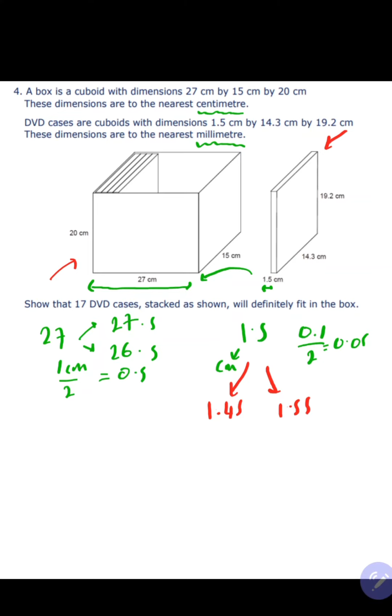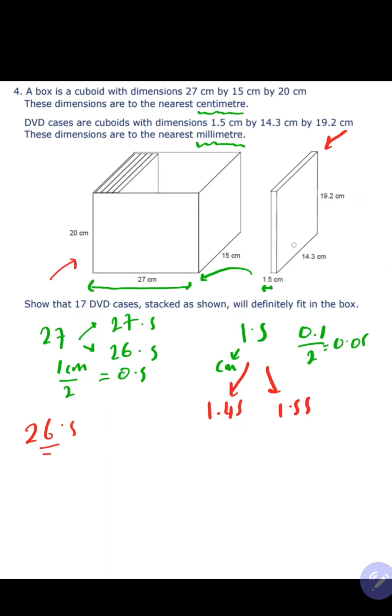If we're doing it in any other combination, it wouldn't make any sense. So the smallest possible width would be, remember, 26.5. So if we get a value less than that, amazing.